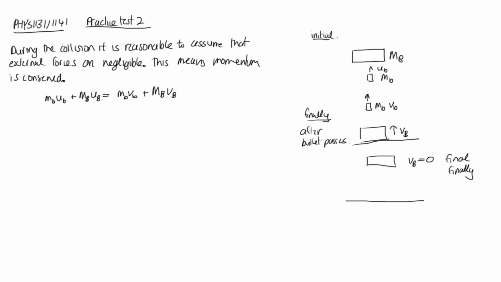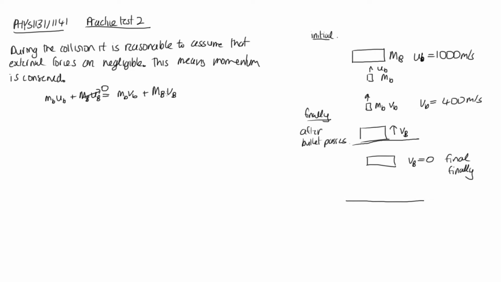Now, initially, the velocity of the block is 0. So this term here is 0. And what we're trying to work out is the velocity of the block after the collision, because we know that the initial velocity of the bullet is 1,000 meters per second. We're told that in the question, and that after the collision, the velocity of the bullet is equal to 400 meters per second.